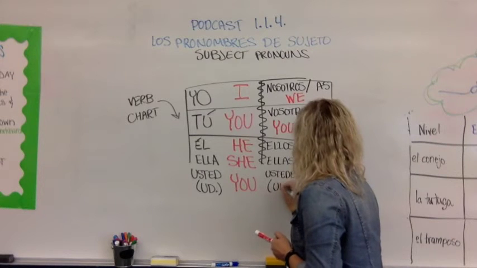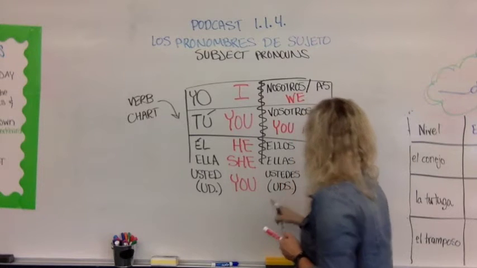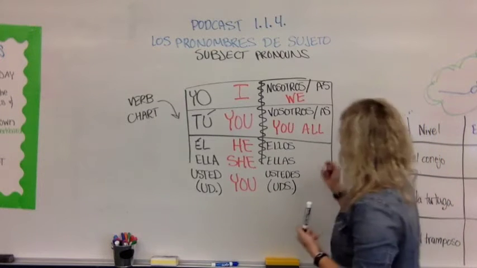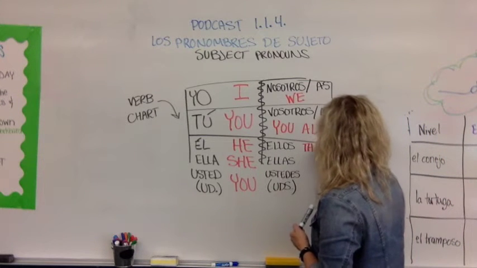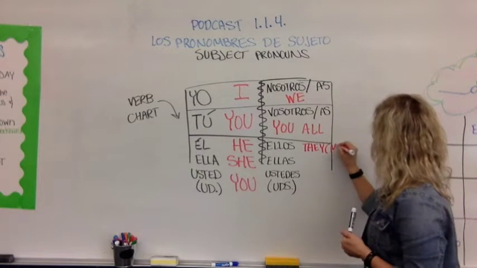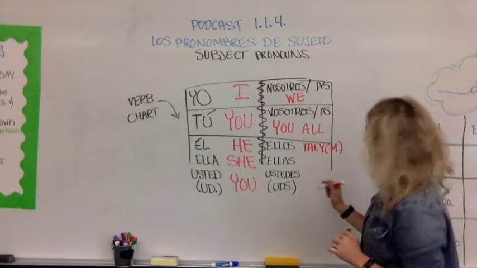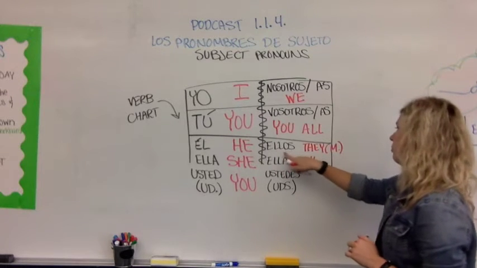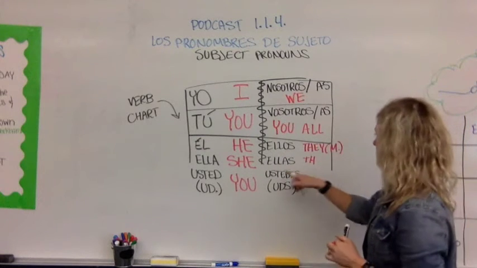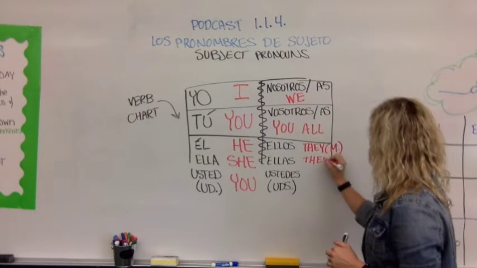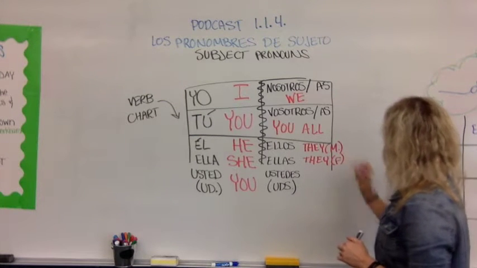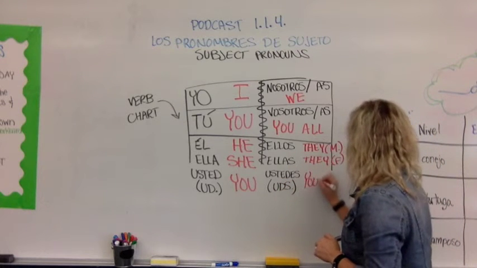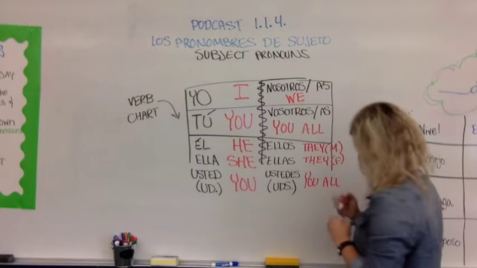Again, this might be abbreviated UDS. So if you see UDS in Spanish, that's ustedes. Ellos stands for they, but all masculine, all boys, or mixed boys and girls. Ellas is they, but all girls. It's feminine. Ustedes is another form of you all.